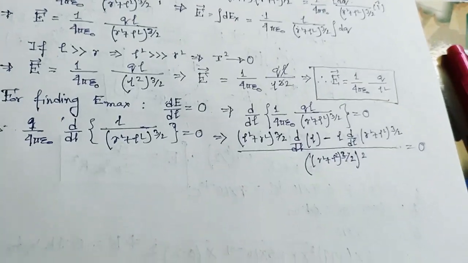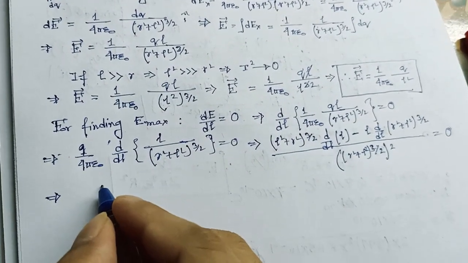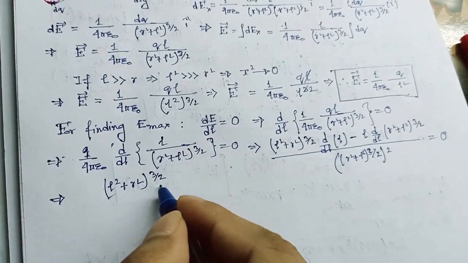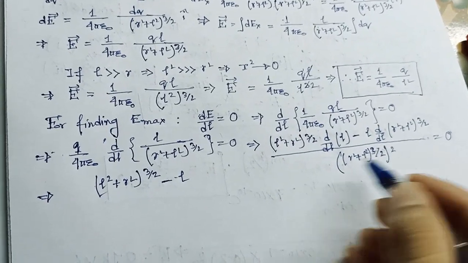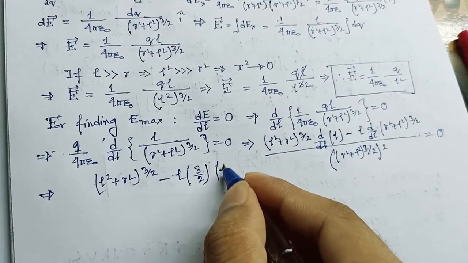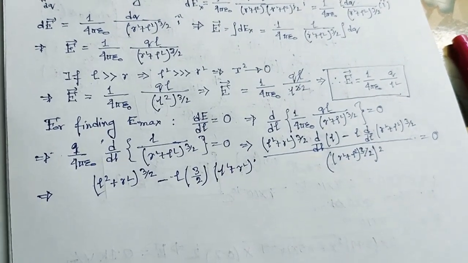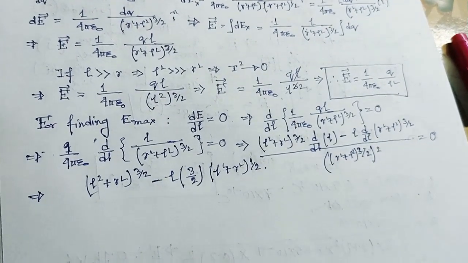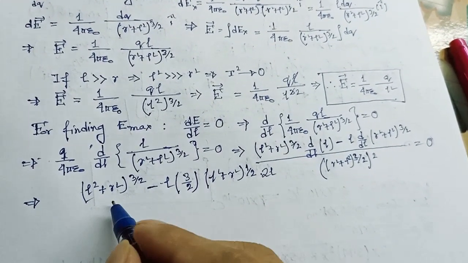So from this equation our required derivative equals (L square plus R square) whole to the power 3 by 2 into 1, minus L into, the derivative of this portion, 3 divided by 2 into (L square plus R square) whole to the power 3 by 2 minus 1, meaning half, and again the derivative of L square plus R square is 2L, equal to 0.